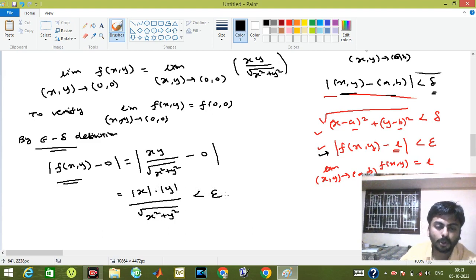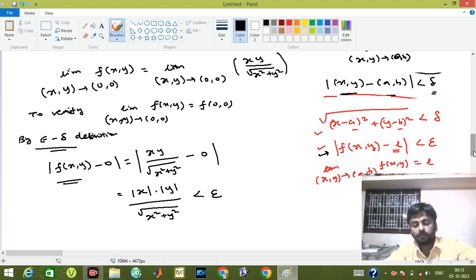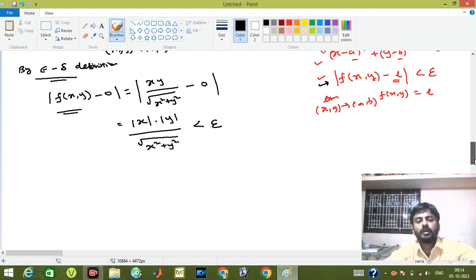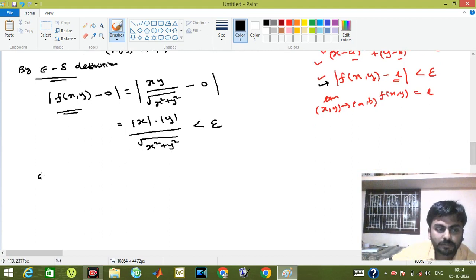But you have to know one thing. We know that x is a number, and the modulus of x is a positive number. Definitely that number will be less than the square root of x square plus y square.